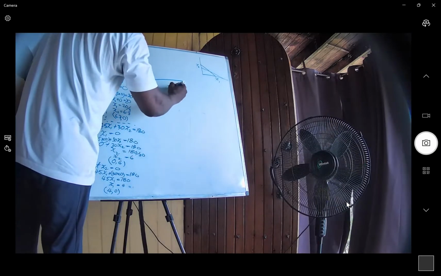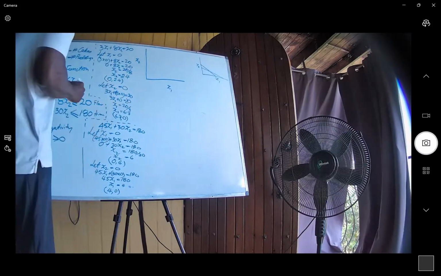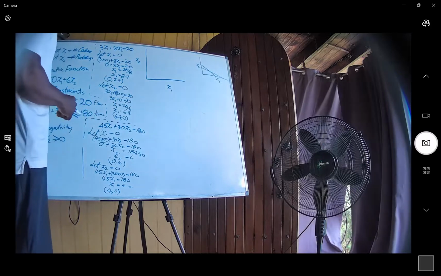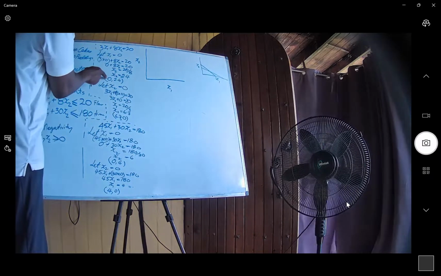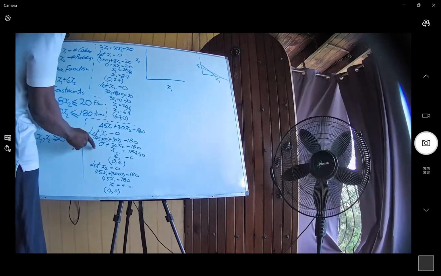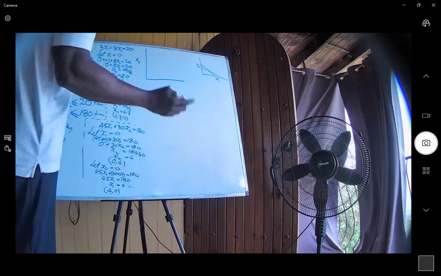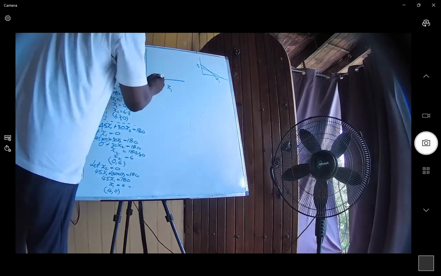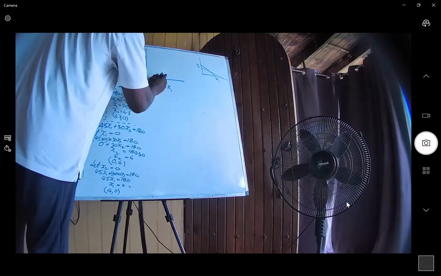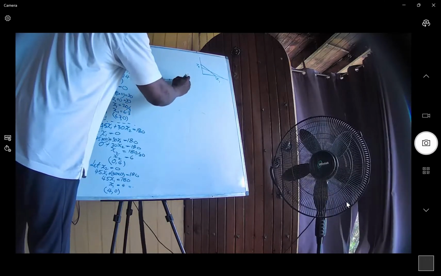This is my x1, and this is my x2, right? So how far does my x1 go? Let's see, 6.7. So I can call it 7 for simplicity, right? So I can say 1, 2, 3, 4, 5, 6, 7.